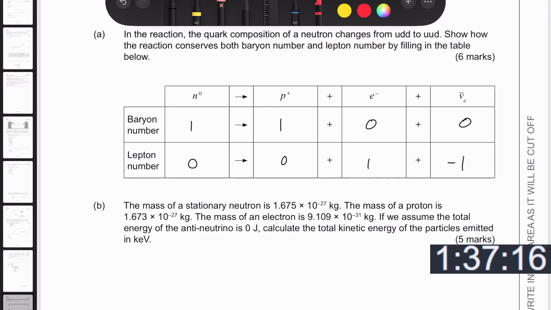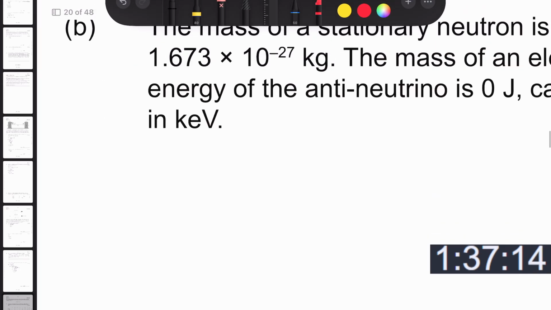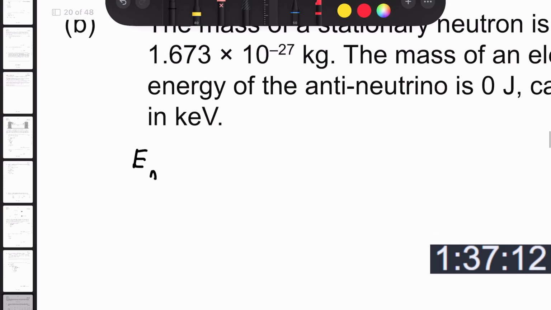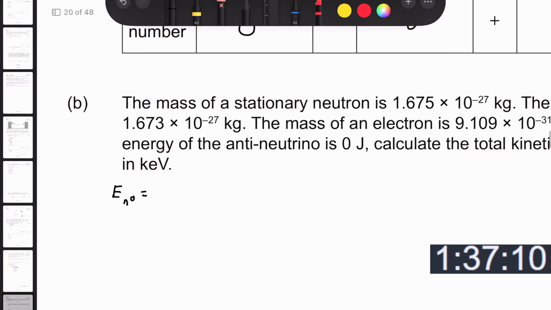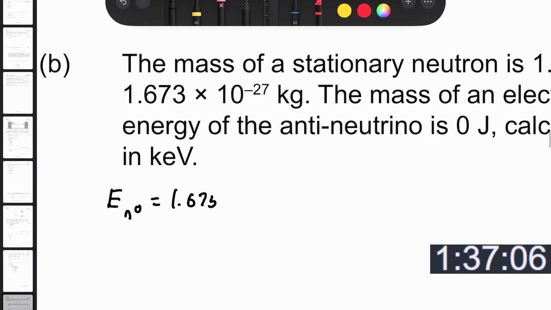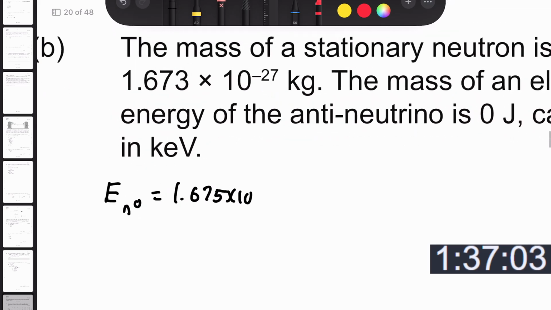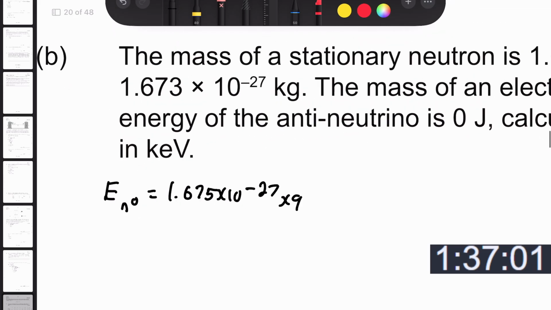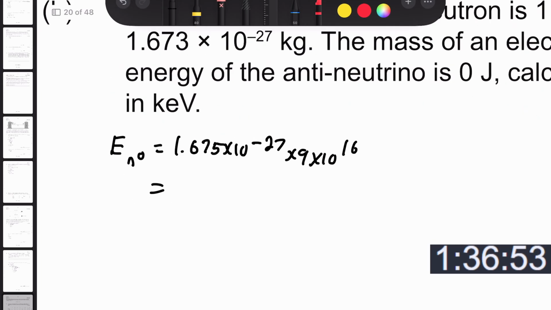In electron volts. So then let's say E of 0 is equal to 1.675 times 10 to the negative 27 times 9 times 10 to the 16. So then this is 1.5075 times 10 to the negative 10 joules.